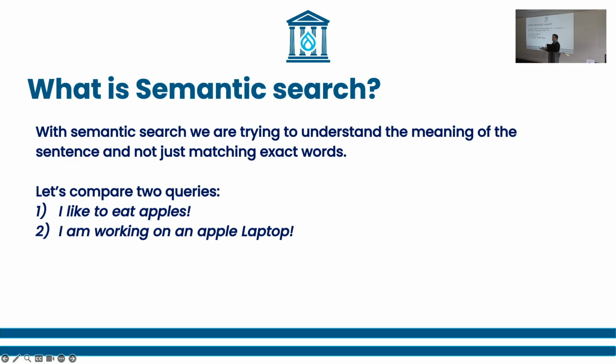But in the second one, "I'm working on an Apple laptop," we know that here Apple is the company, and we are talking about computers, about PCs. So the context is different based on the sentence that we have.